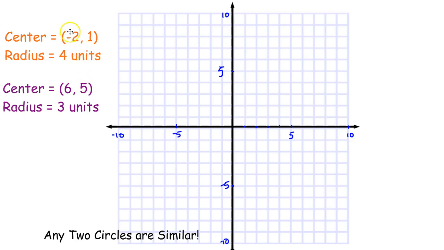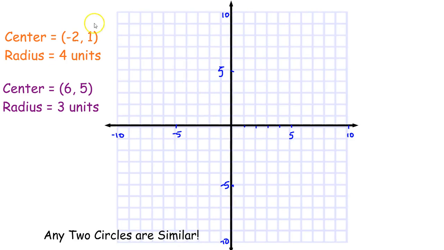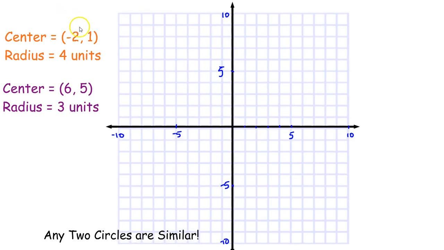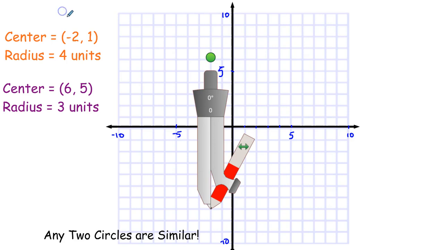So let us look at the first one here. The center is at -2, 1. The x coordinate is -2, going from 0, and y is +1. Okay, you are here at this point. That is the center of the circle, and our radius is 4 units. Now I have a compass here.